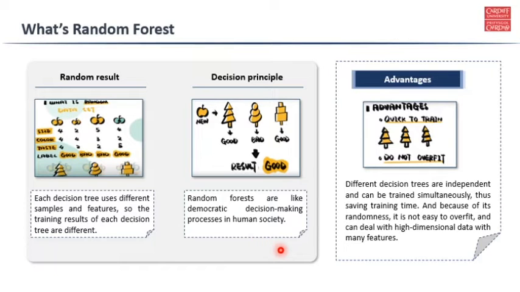The result of random forest is determined by voting, and the final result is the classification result that the most decision trees agree on. The random forest has advantages of requiring less training time, being less prone to overfitting, and being capable of handling high dimensional data with more features.